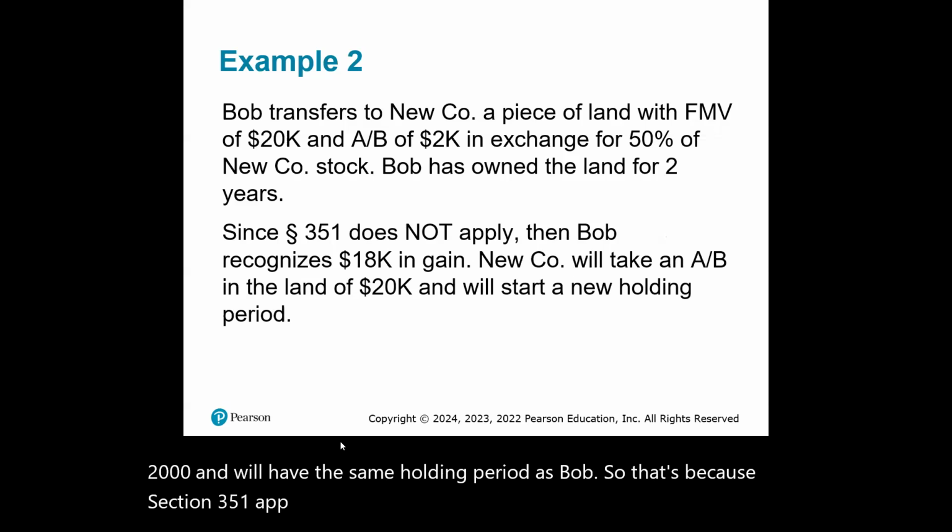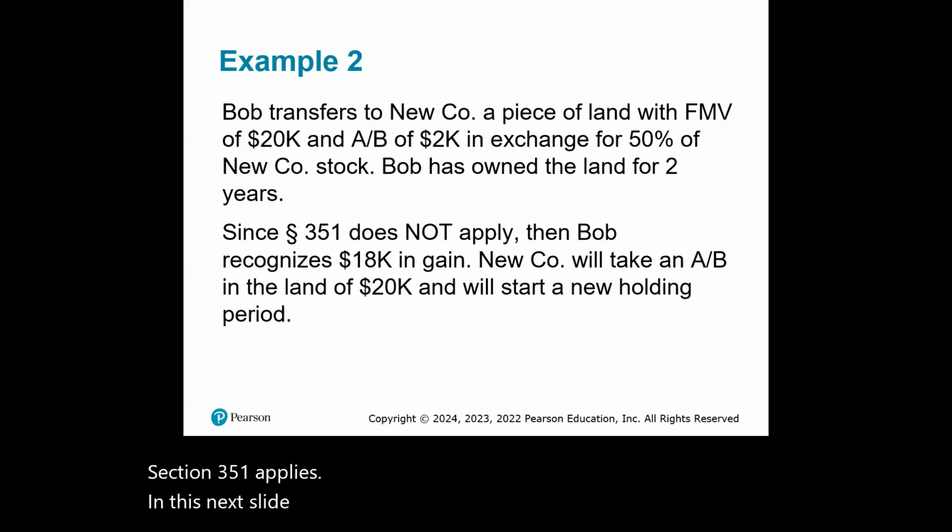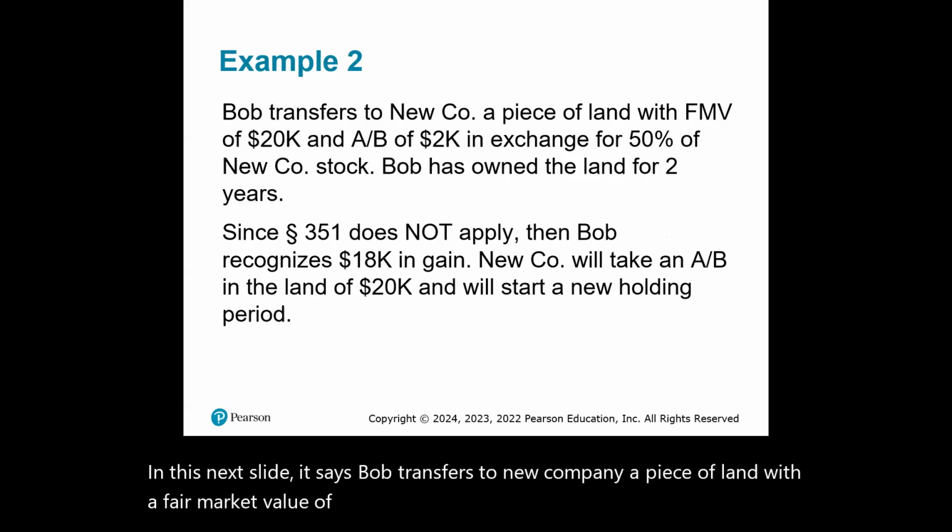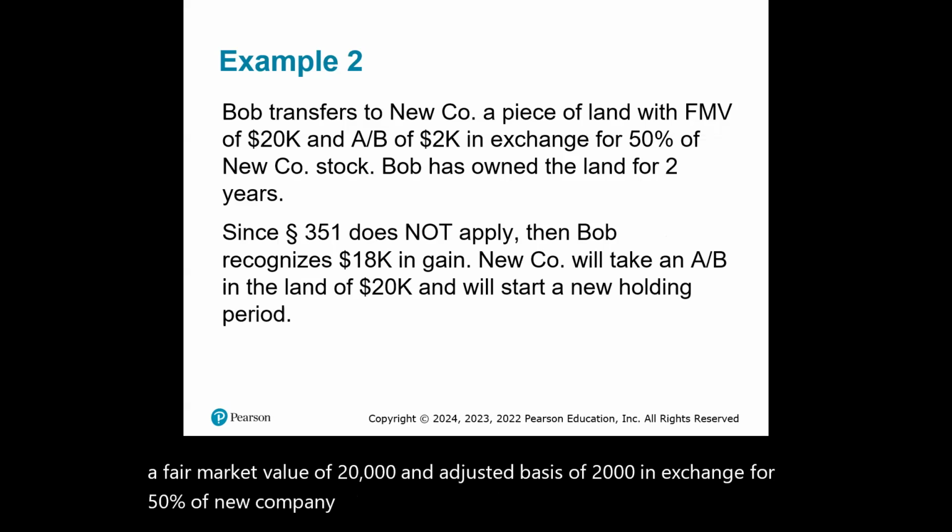In this next slide, it says Bob transfers to new company a piece of land with a fair market value of 20,000 and adjusted basis of 2,000 in exchange for 50% of new company stock. Bob has owned the land for 2 years.